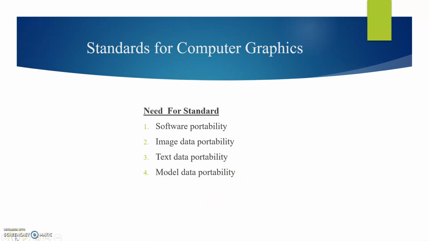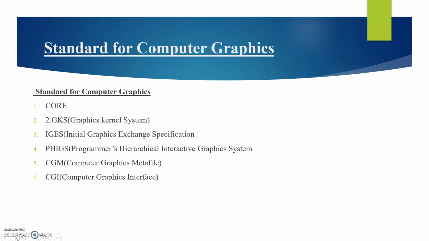Then next we will see which are the standards for computer graphics. The search for standards began in 1974 to fulfill these needs both at the USA and international levels. As a result of worldwide efforts, various standards at different levels of the graphic system were developed.